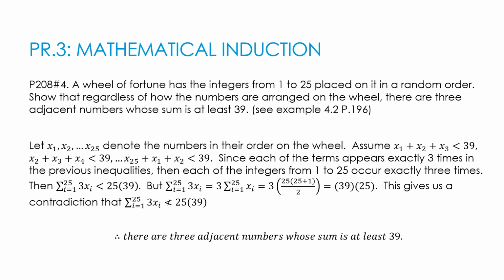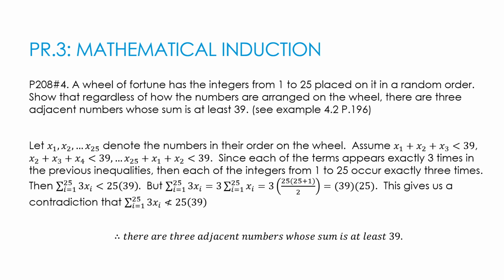Since each of the terms appears exactly 3 times in all of the inequalities that I would have written, obviously I used the dots because I wasn't going to list them all out, each of the numbers from 1 to 25 occurs 3 times, because those x1s, x2s represent whatever those numbers are. So then I can say, essentially, that I'm rewriting it.